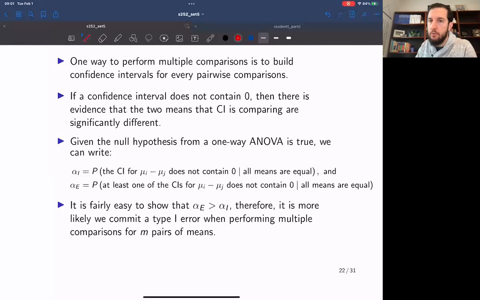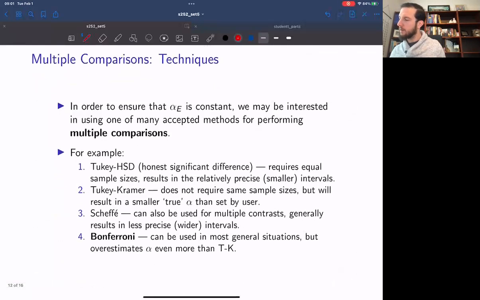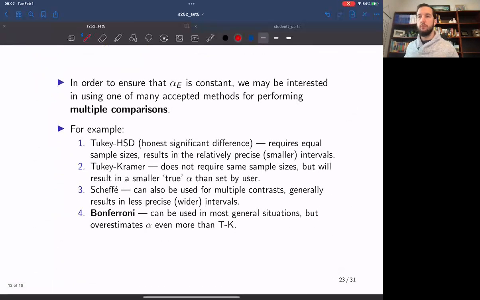Okay, so how do we actually adjust this value? There's a number of different ways to adjust. Basically, you specify alpha E. So this is going to be the value we set when we start the experiment. And then we can adjust the alpha E for each of the multiple comparisons using, for example, the Tukey HSD procedure, the Tukey-Kramer procedure, the Scheffé procedure, or the Bonferroni.